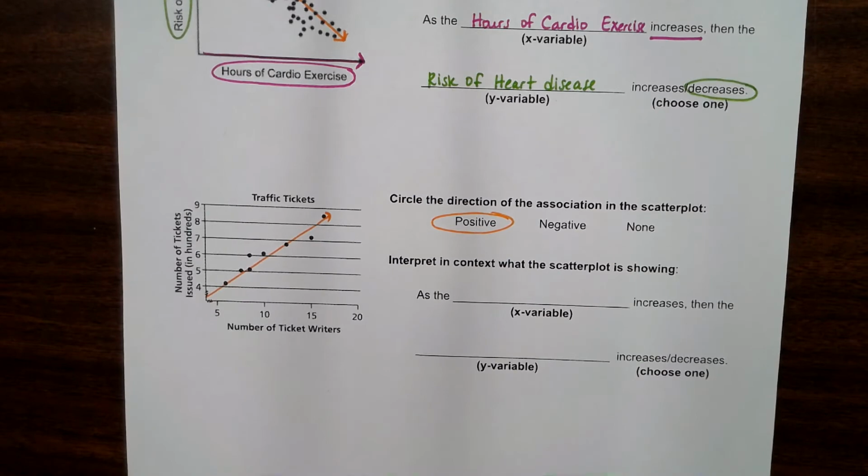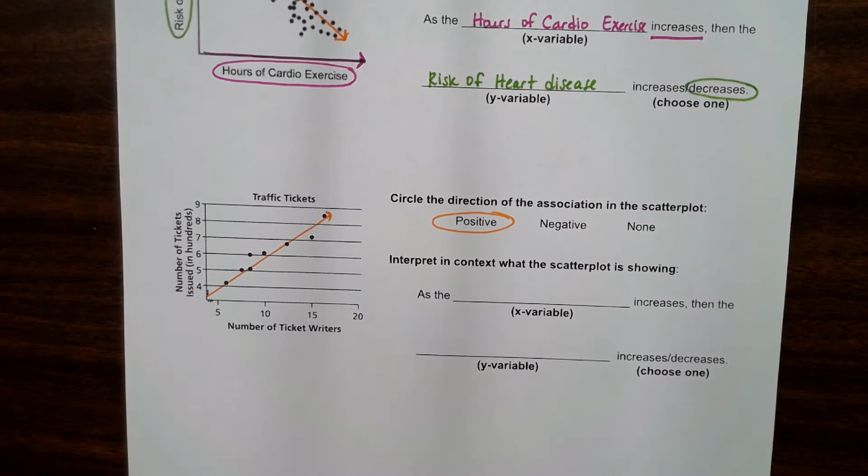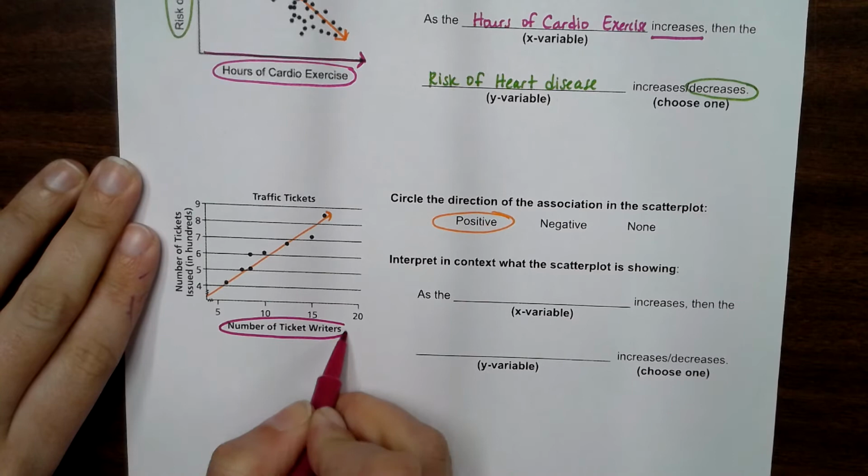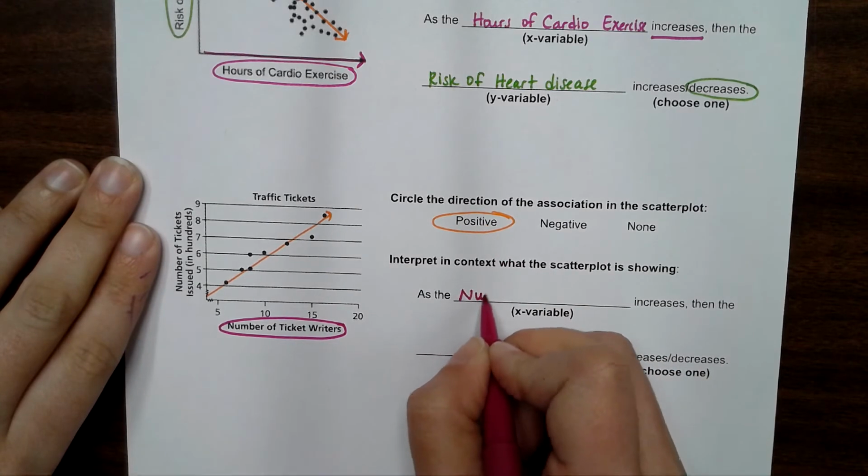Now, if I want to interpret this, this means write a sentence. So just like before, we would start with the words as the, and then fill in the X variable. In this problem, the X variable is the number of ticket writers.